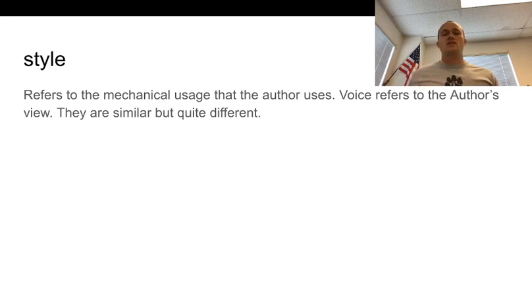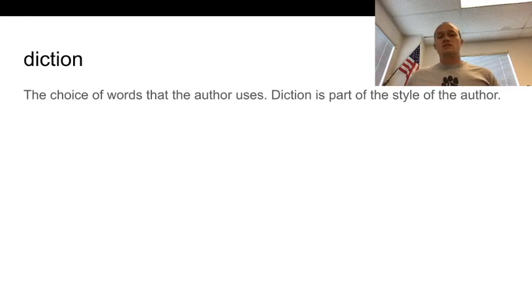It's different than author voice. Voice is more like their opinion, and it's like the content. Style is more like how the content is presented. Diction is the choice of words that the author uses. It's part of the style of the author. Do they use big words or small words?